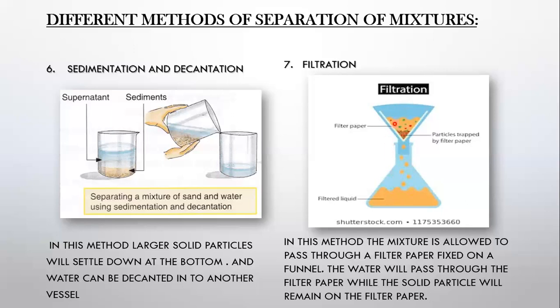All solid particles along with the mud will remain on the filter paper. Thus we can get clear water, but this water also will not be pure or clean. Understood? As it is given in color pictures, you can clearly understand.